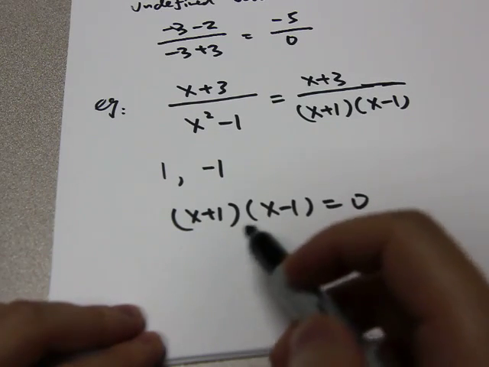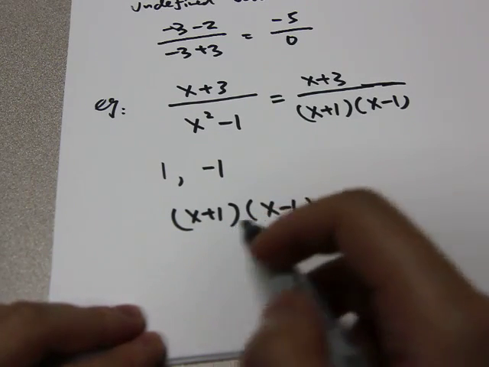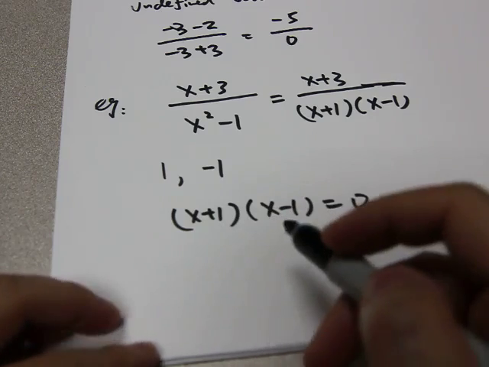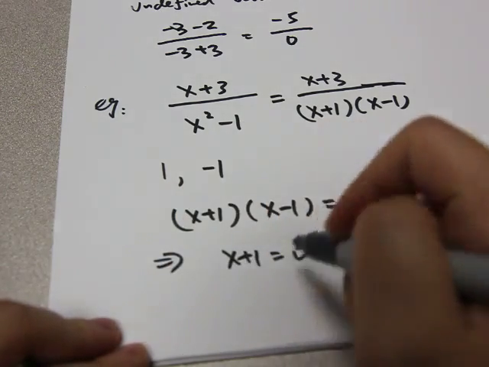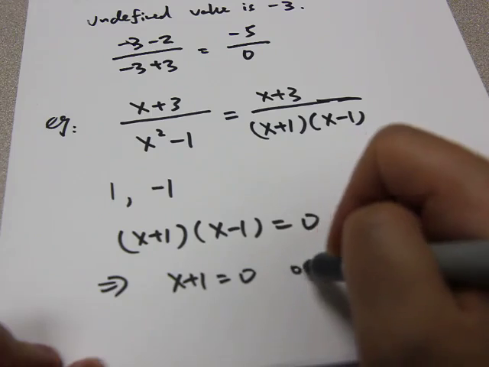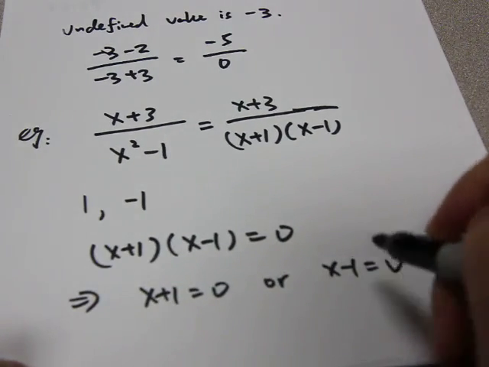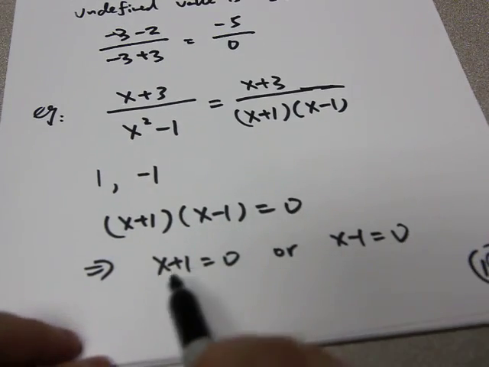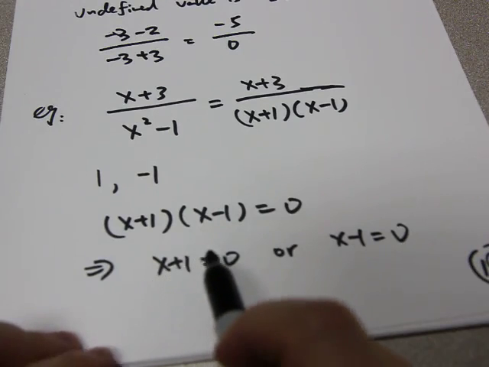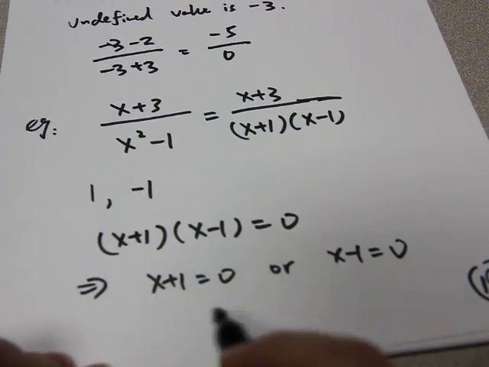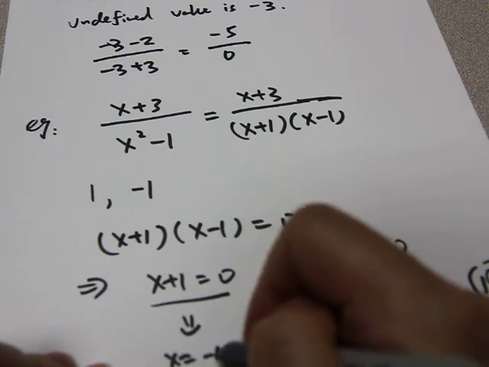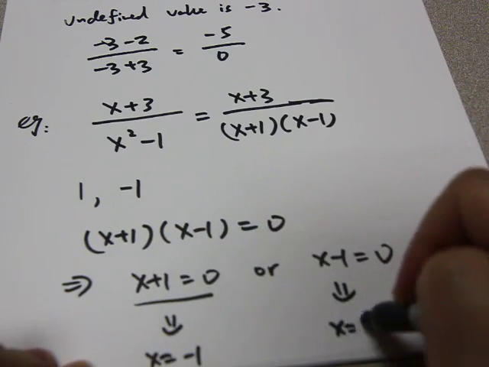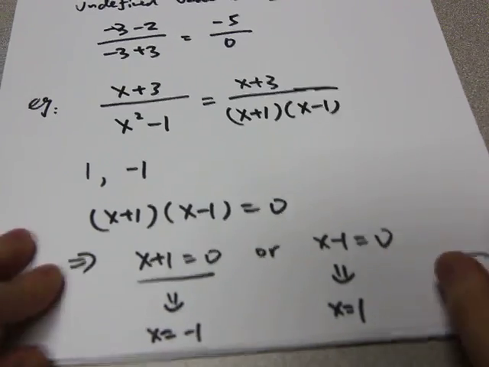And we have already talked about how to solve this equation. So to solve it, we can use the zero product property. Therefore, we can generate two equations. One is x plus 1 equals 0. Another equation is x minus 1 equals 0. So that's why the undefined values are +1 and -1. Because this equation gives you the solution -1, and this equation gives you the solution +1. Okay? Alright.